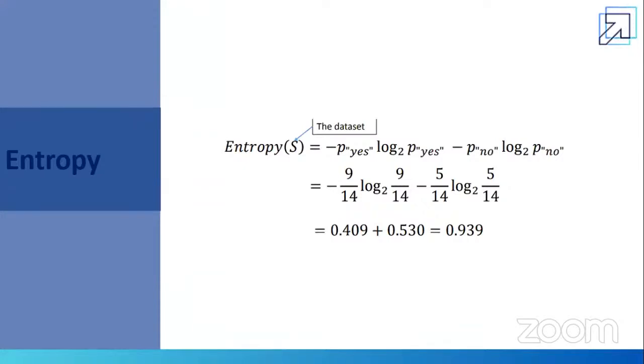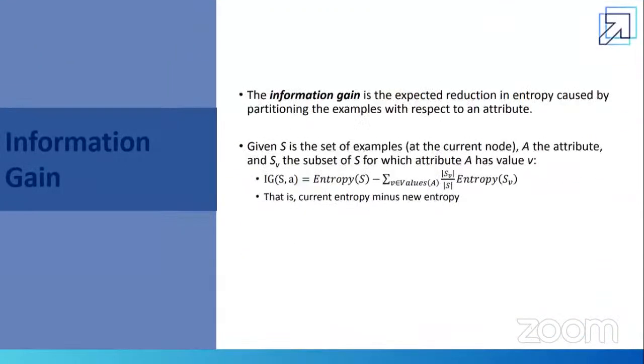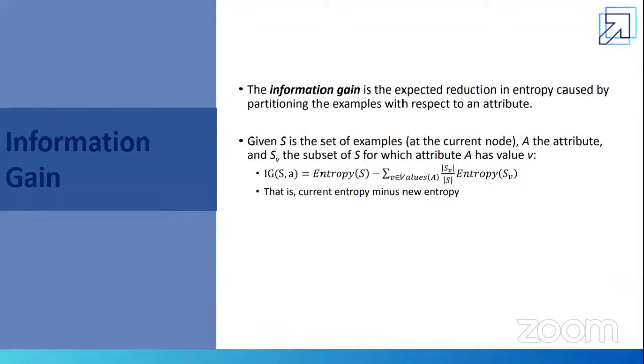Information gain can reduce the entropy caused by partitioning. That is, information gain is the expected reduction in the entropy caused by the partitioning of the examples with respect to an attribute.